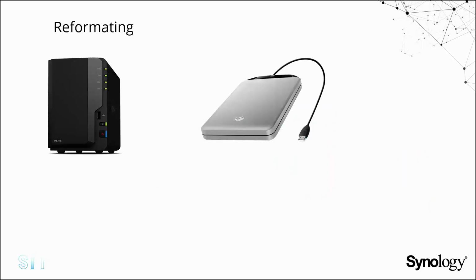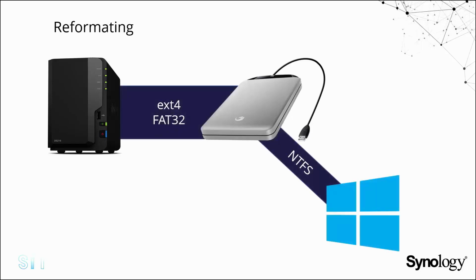But if we want to format a USB medium directly on the NAS, we only have Linux typical ext4 and the classic FAT32 available. So, if we want to use a different file system such as NTFS, the USB medium must first be formatted on a compatible device such as a Windows computer.